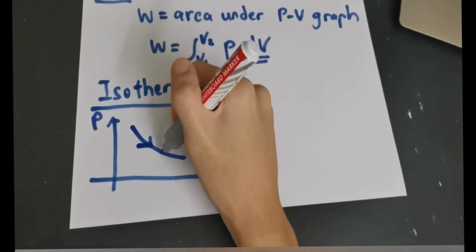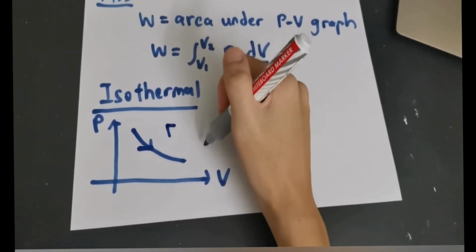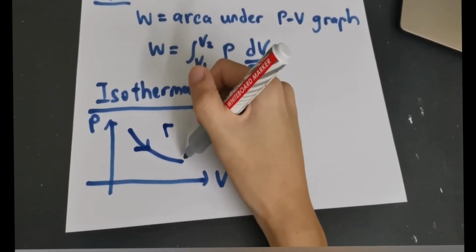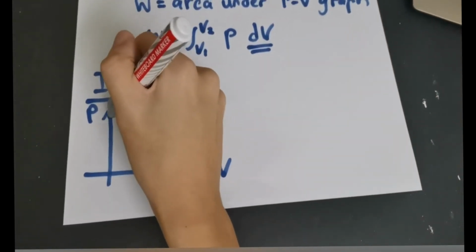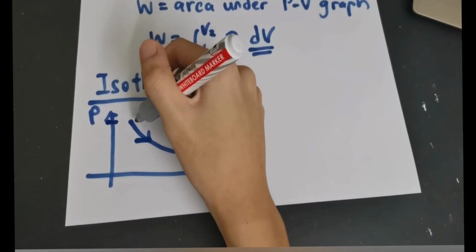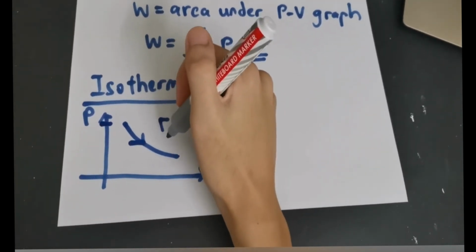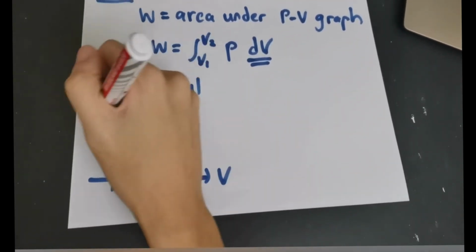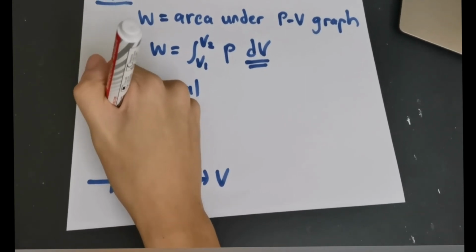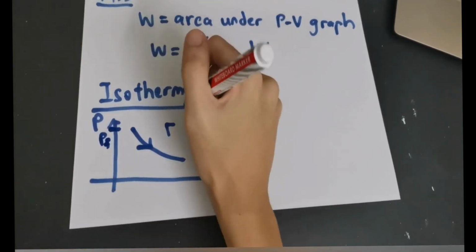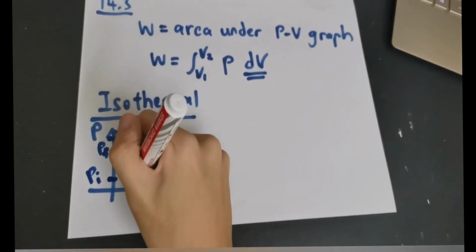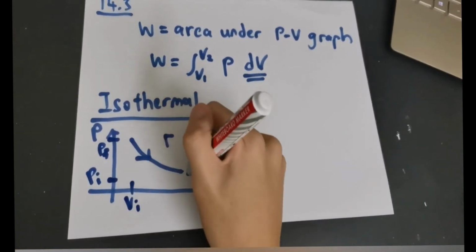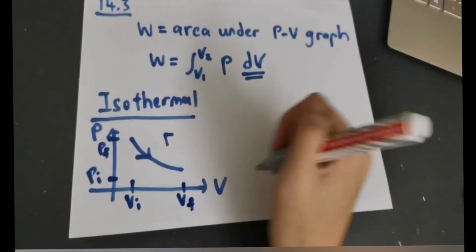If you go the other way, from bigger volume to smaller volume, it is compression. So I will use the expansion as an example. So here the P is high, the volume is larger. So I will say P final, P initial. So here is the volume initial, volume final.